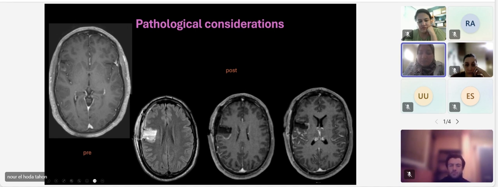So you can see the resection cavity, it has a fluid level, and again here is the post-contrast. There is a fluid level here, some enhancement at the resection cavity, and this area of craniotomy they took the lesion from, and there are some meningeal enhancements.